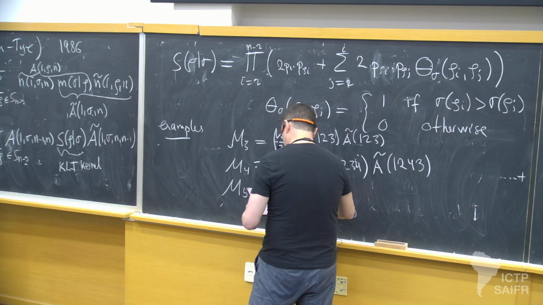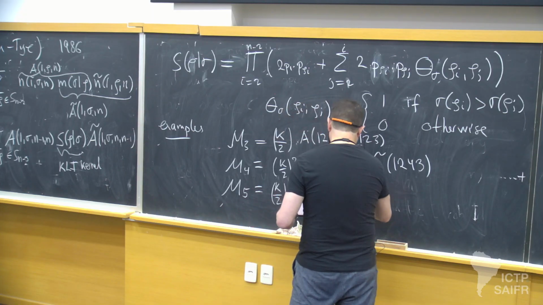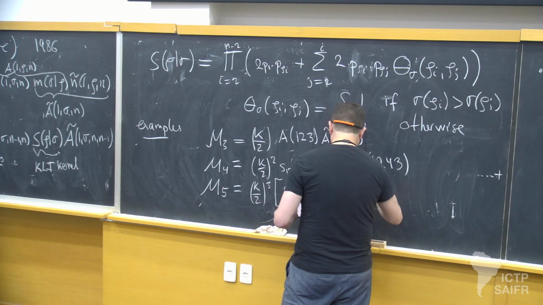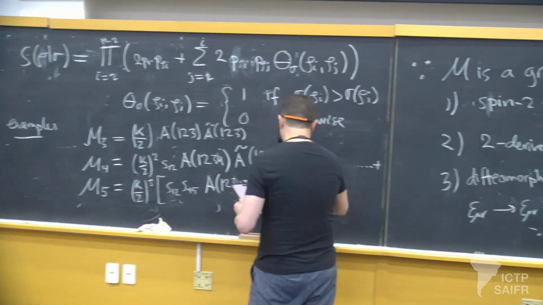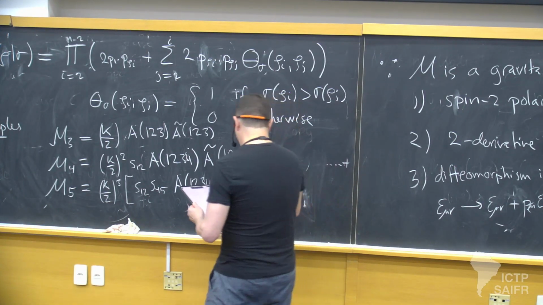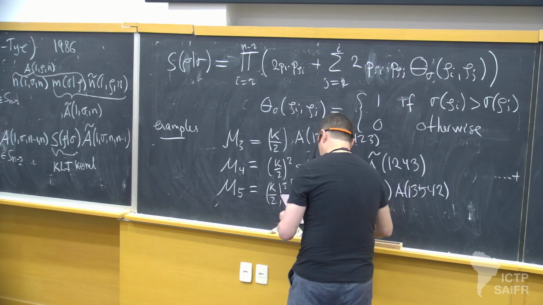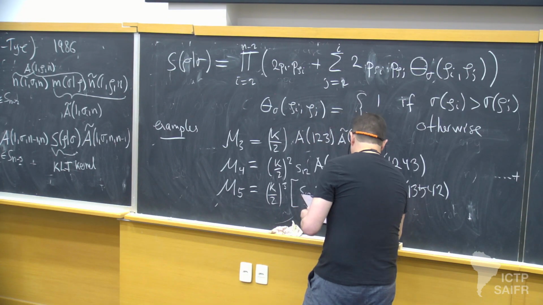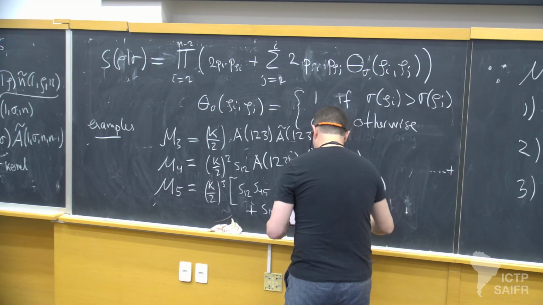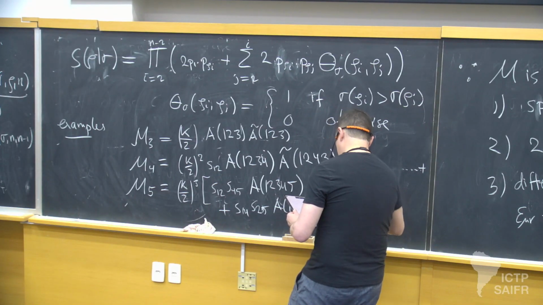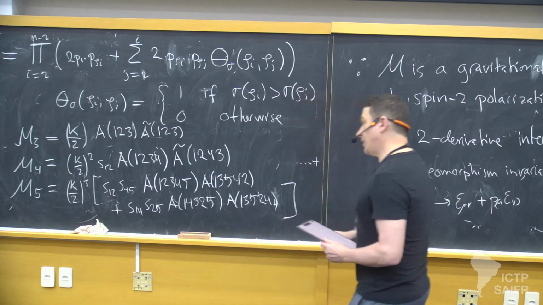So S1, 2, S4, 5, A, 1, 2, 3, 4, 5, A, 1, 3, 5, 4, 2, and then there's one more term, which is plus S, 1, 4, S, 2, 5, A, 1, 4, 3, 2, 5, A, 1, 3, 5, 2, 4. So that's basically 2 terms of 5 point.